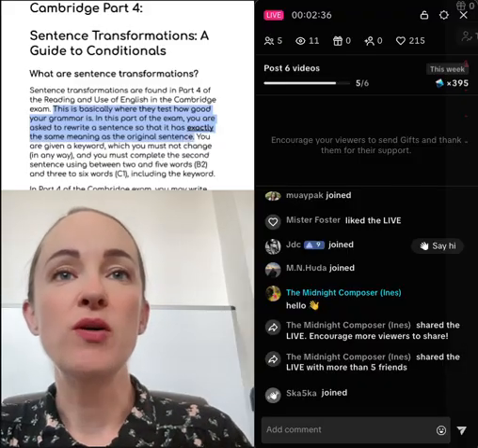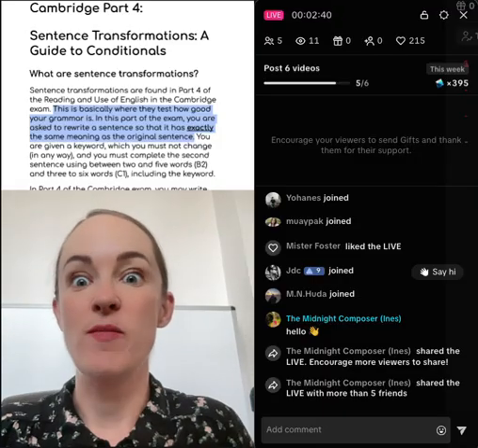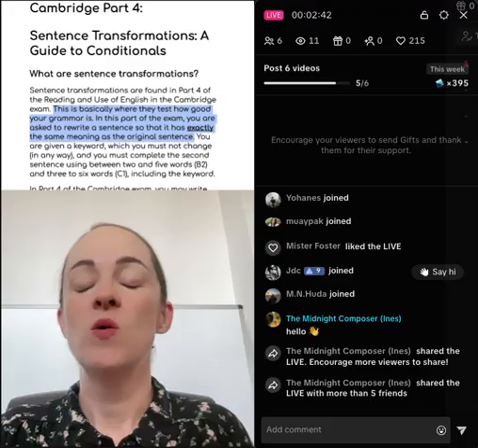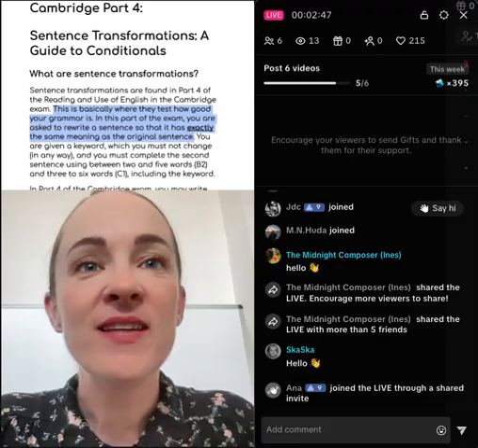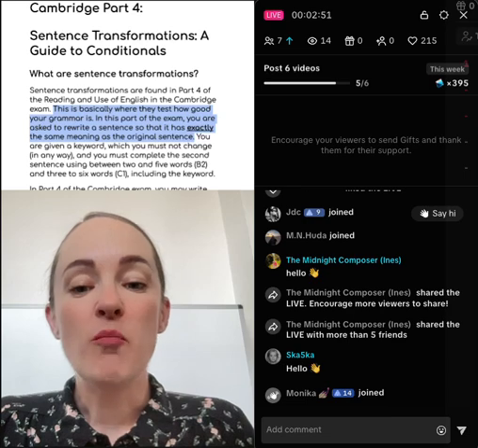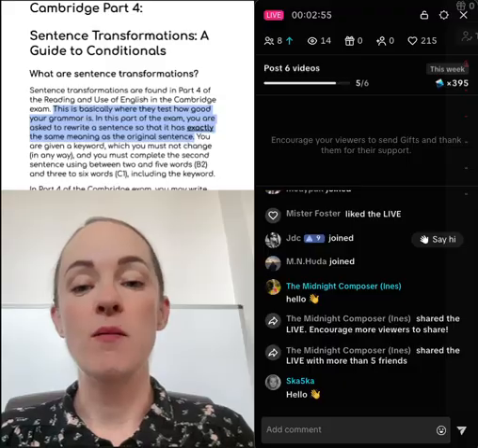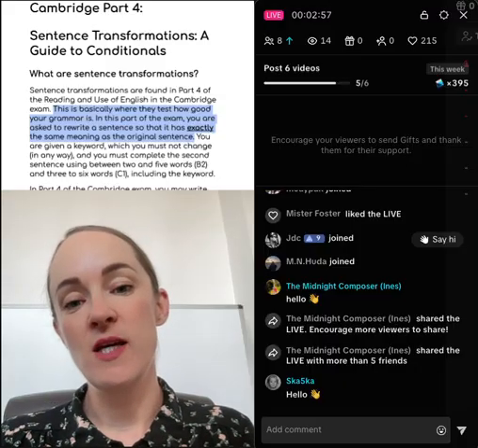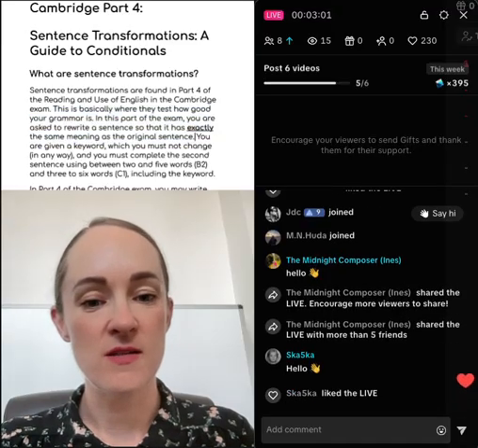Some people can create a grammatically correct sentence, but the meaning is different. And that's not the objective. The meaning of the second sentence that we construct must be exactly the same as the first sentence, okay?